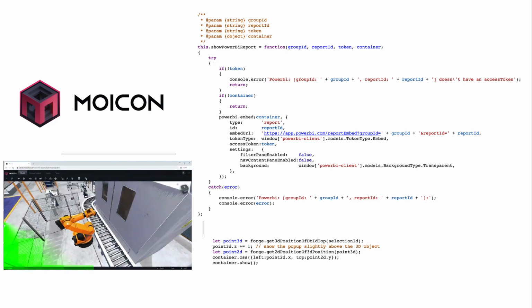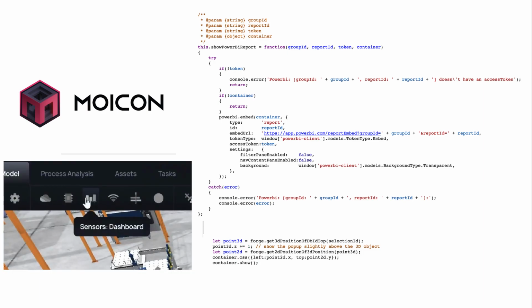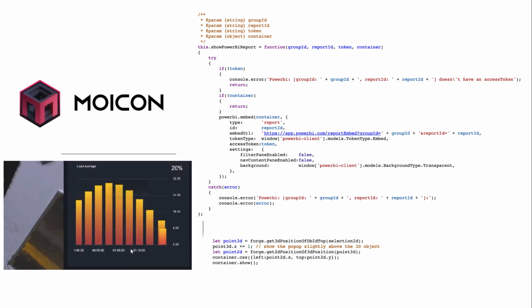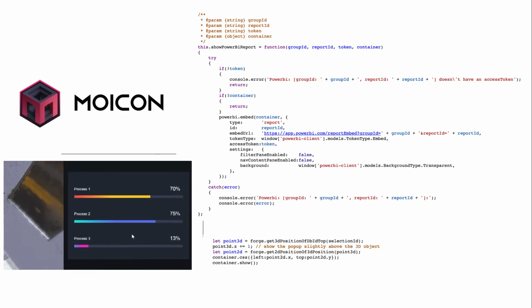And Mycon actually shared a couple of snippets of code of the libraries that they use in order to integrate with Power BI into their application. They use the Power BI client NPM, which can be installed directly into your application via NPM, or also it can be found on Bower. So the position of the pop-ups like this, they end up using the window request animation frame for every frame that they add into their application.